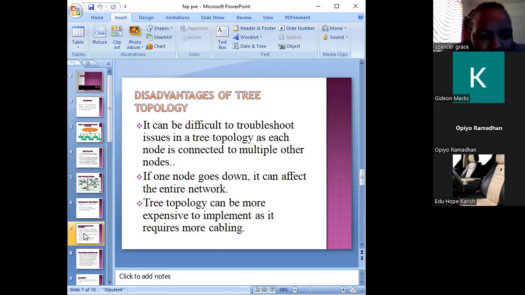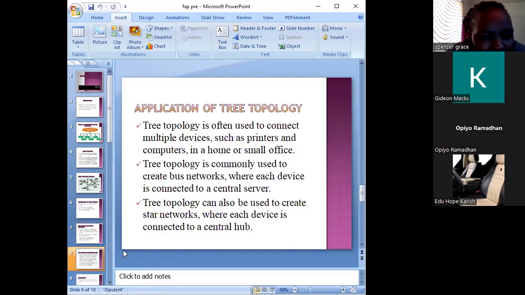Then if one node goes down, it can affect the entire network. Example, a bus cable: if it fails, it will affect the entire topology or the entire network. Then tree topology can be more expensive to implement as it requires a lot of cabling. So you lose a lot of money to configure or to start that.